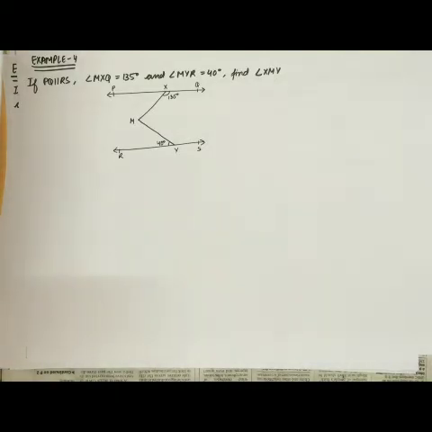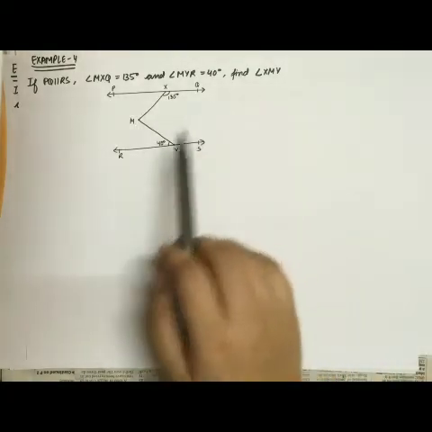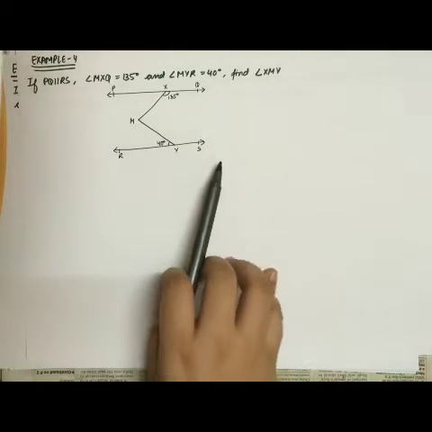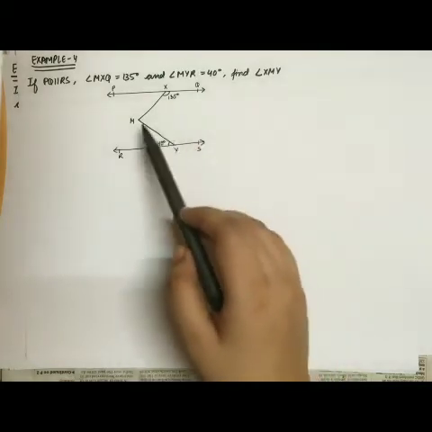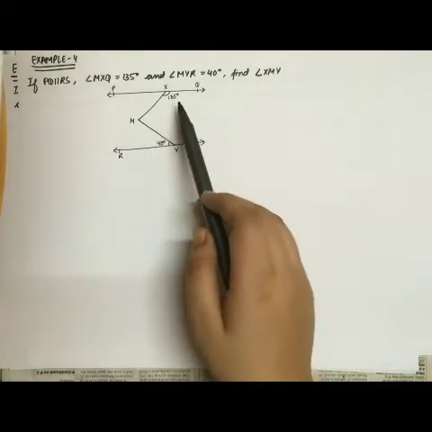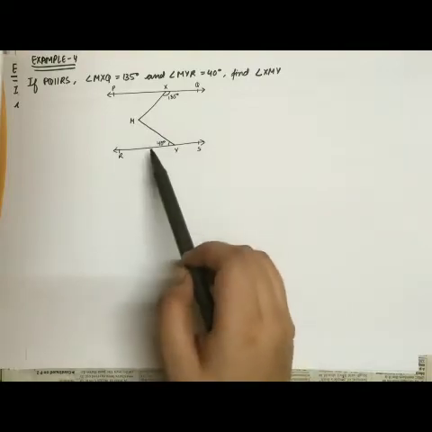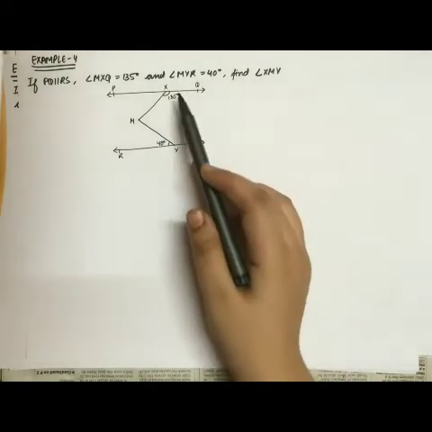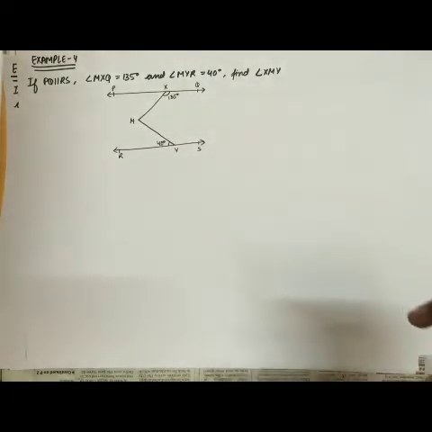Now we will start with example 4. It is given that PQ is parallel to RS and angle MXQ is 135 degrees and angle MYR is 40 degrees. We have to find angle XMY.